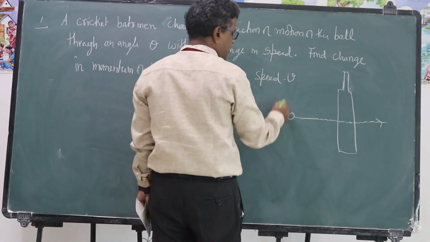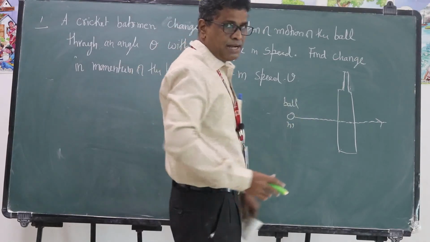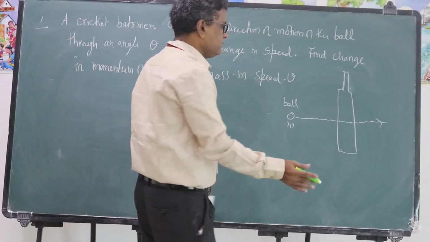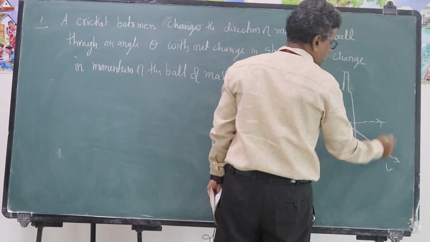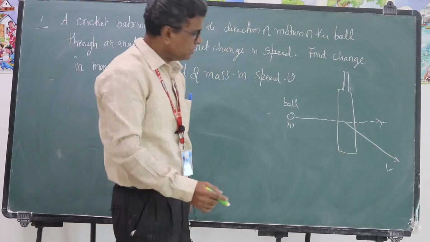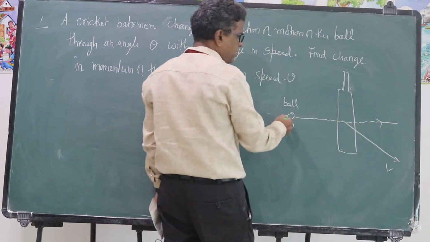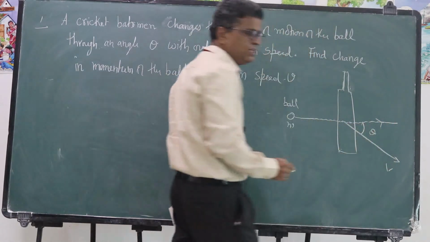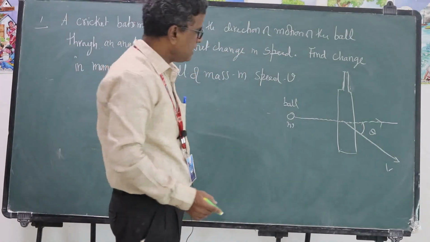This is the ball having the mass m. The batsman will change the direction of motion of the ball like this, without change in its speed. Instead of going like this, the ball moves like this. So let theta be the change in direction of velocity.